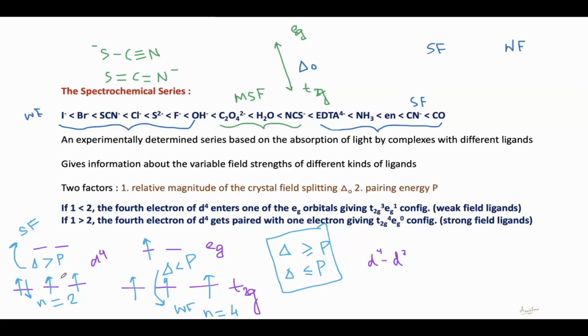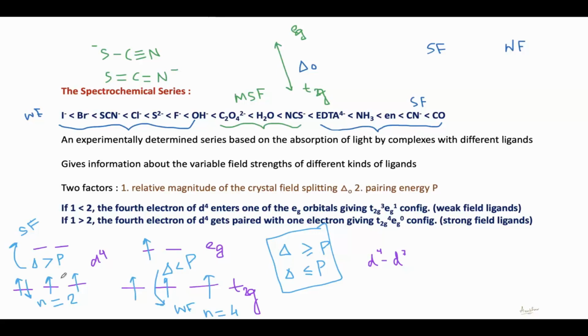The ligands which are able to produce this effect are strong field ligands, and they form low spin complexes. In the case of d4 to d7, in every case such two scenarios will occur, and depending upon the nature of the ligand and the metal, we have to conclude which kind of complex it will be forming, low spin or high spin.